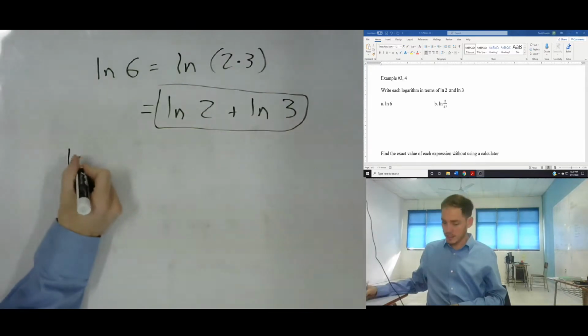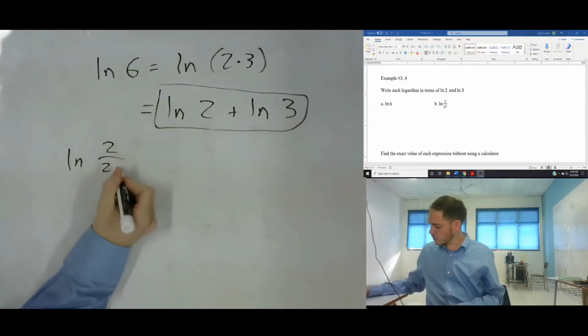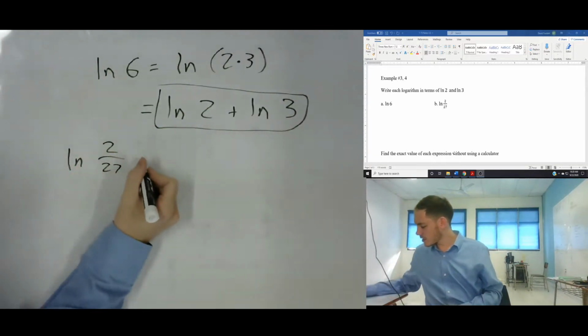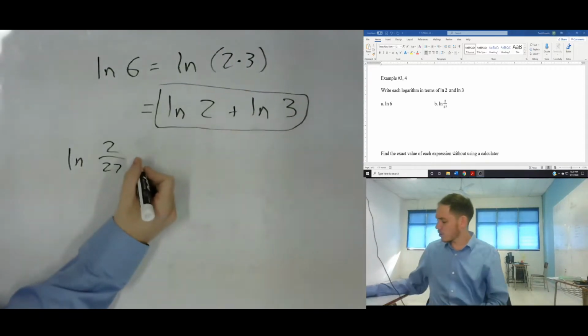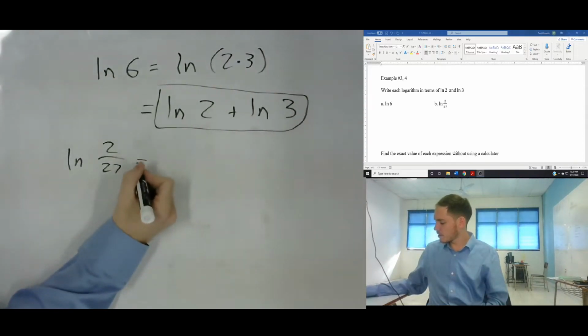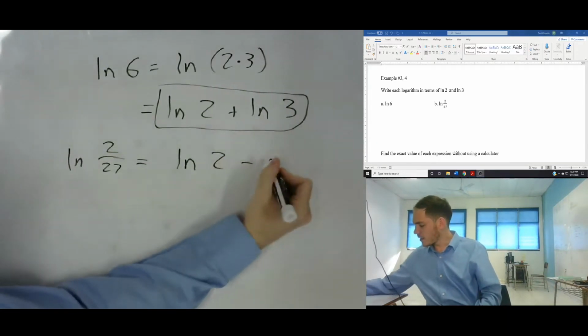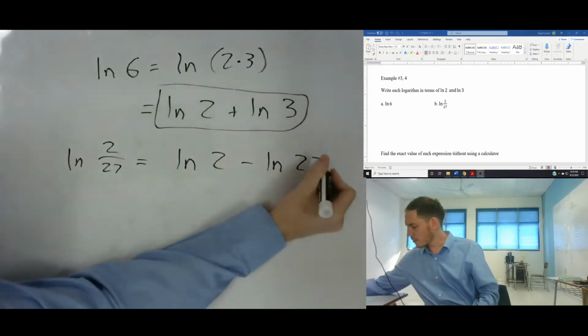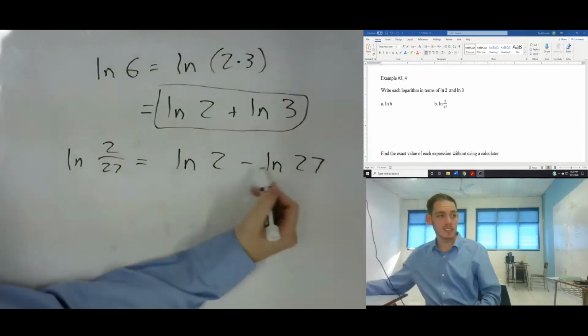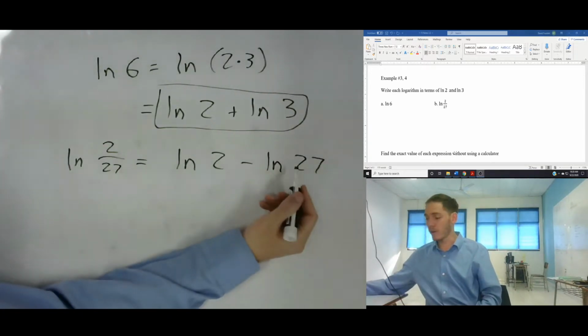Okay? And then ln of 2 divided by 27. Now this is going to also be equal to ln of 2 minus ln of 27. But we're not done yet because this is not a power of 3 yet.